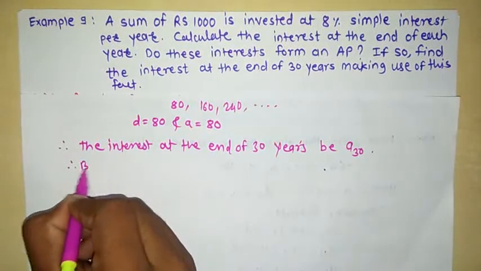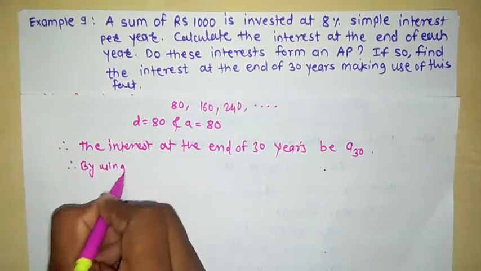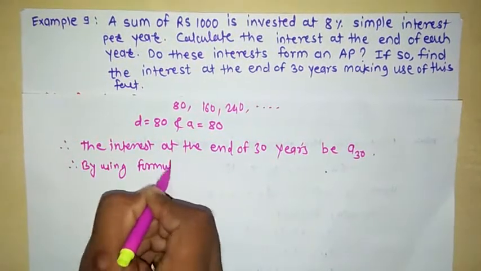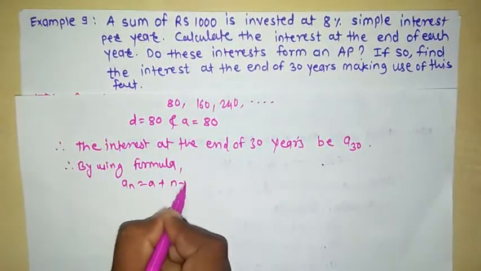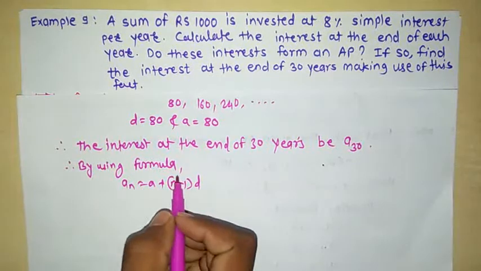Therefore, by using the formula an is equal to a plus n minus 1 into d.